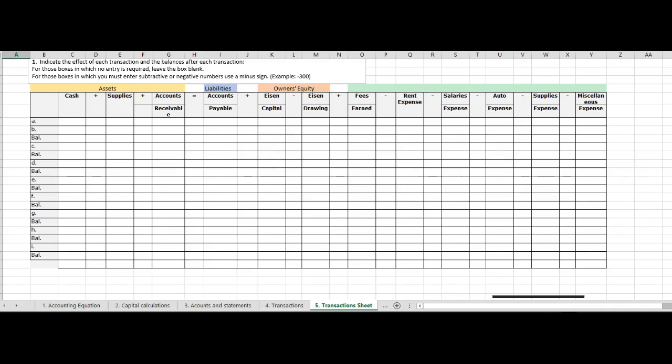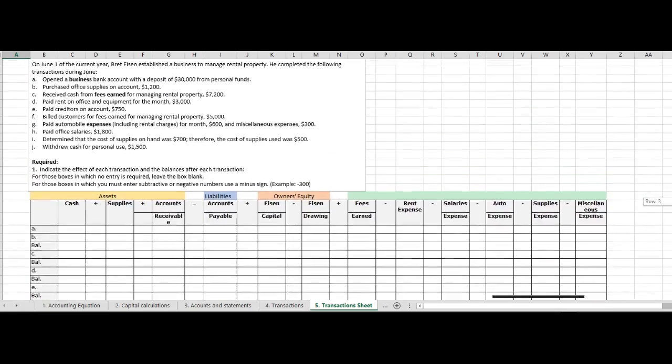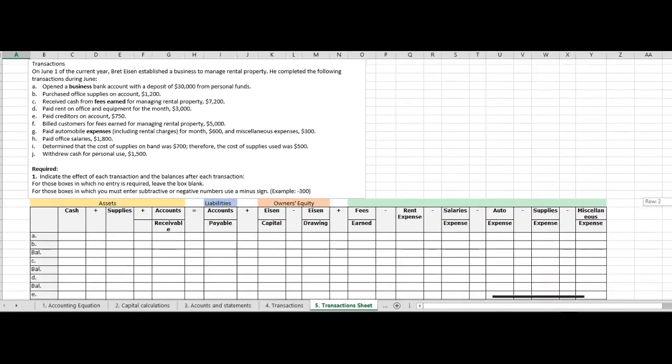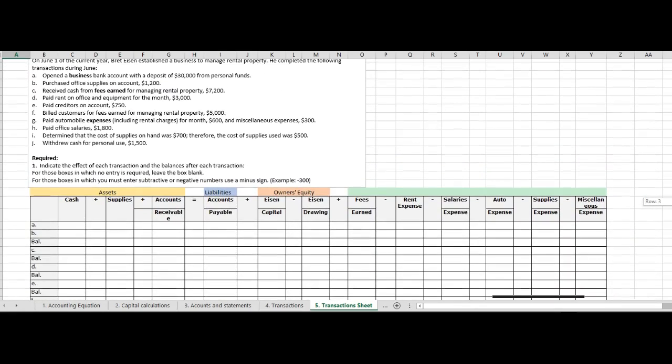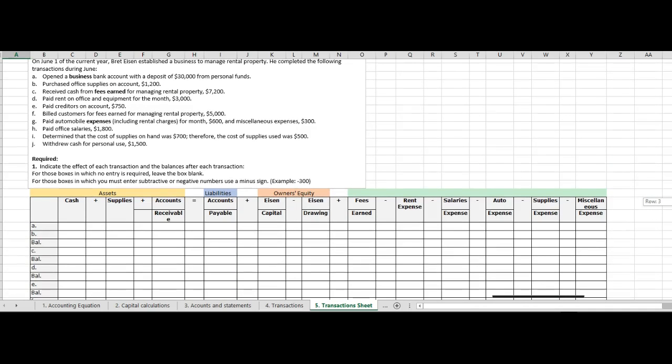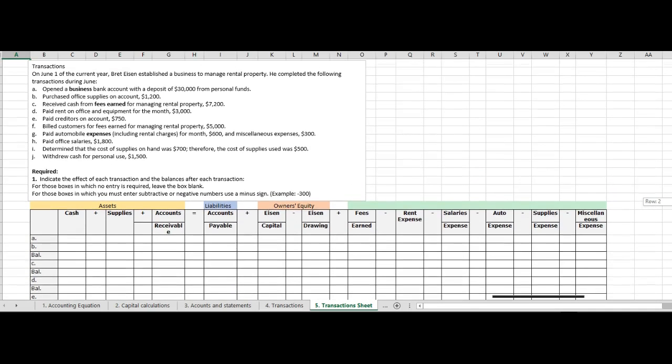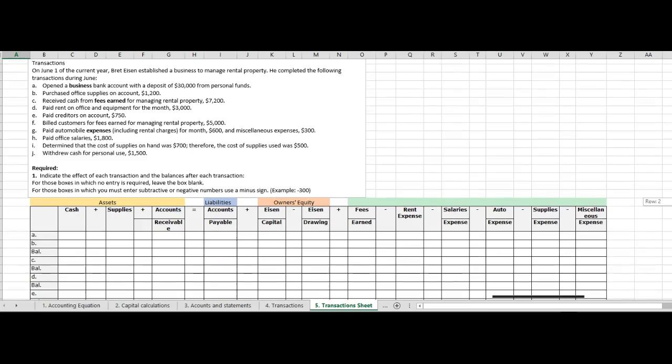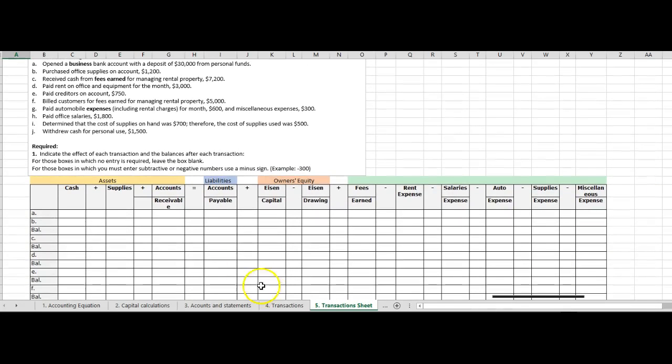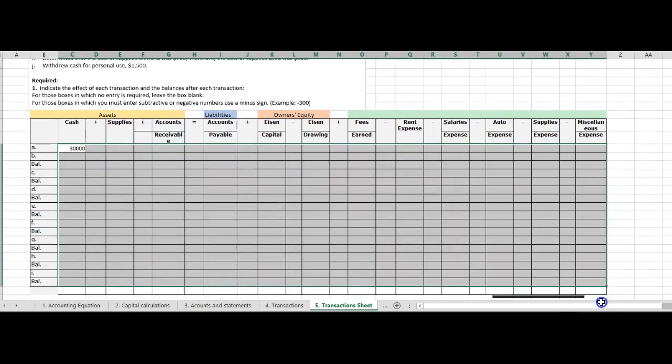So first, here are the transactions, this is our worksheet. The first transaction is we opened a business with $30,000. So I'm going to increase cash by $30,000, right? My guess is I need to put commas in all of this so that I can survive.